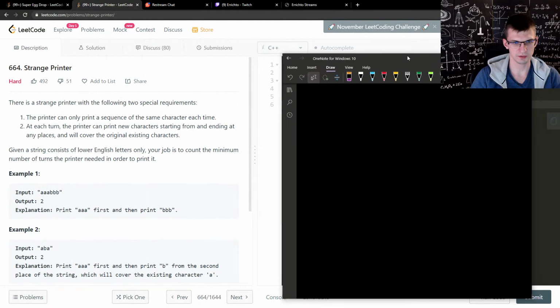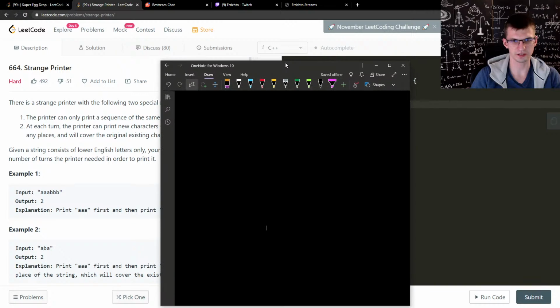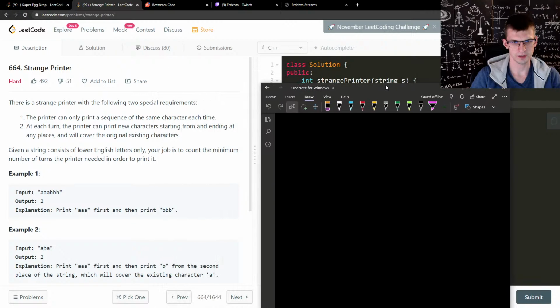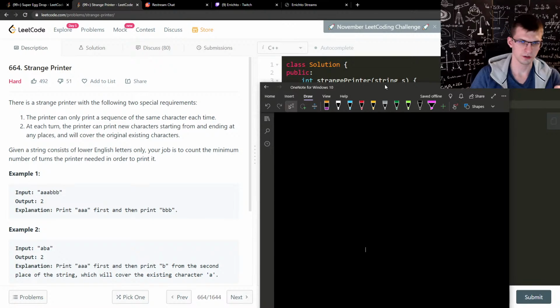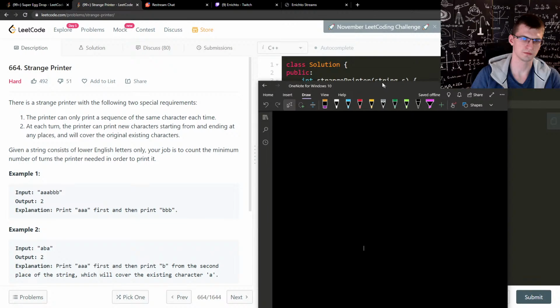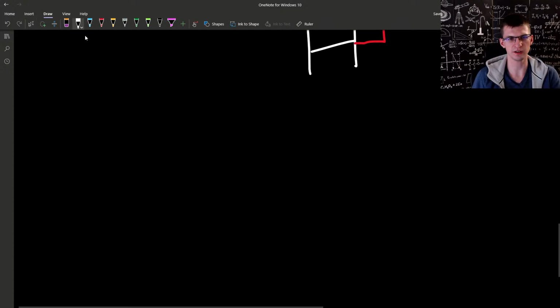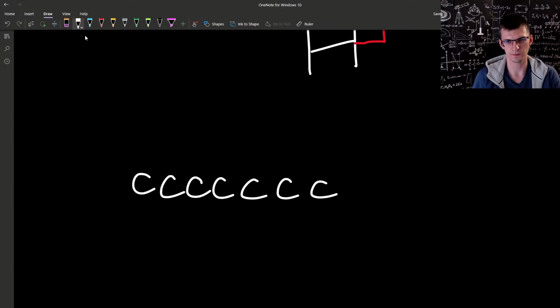The printer, blah, blah, blah. We are given a string, and we need to create it by repeatedly choosing an interval and printing some character there. We start from nothing, and then maybe I will do a sequence of these.